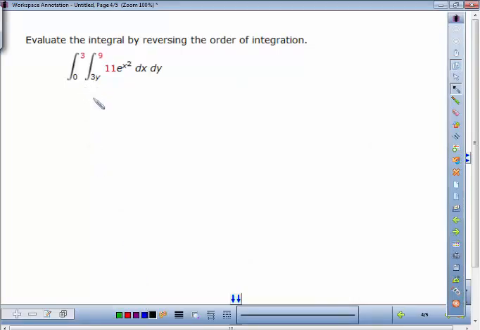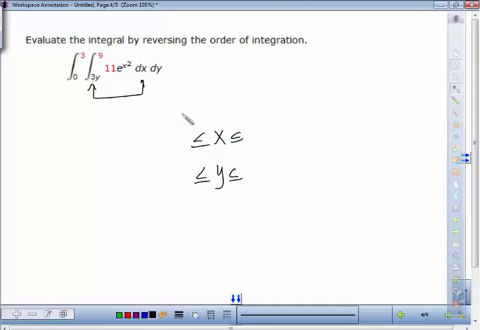What we're going to do is realize that the inner integral is with respect to x, the outer integral is with respect to y. Once you do that, everything else should flow quite easily. So the lower limit for x is 3y. The upper limit for x is 9. And then y goes from 0 to 3.